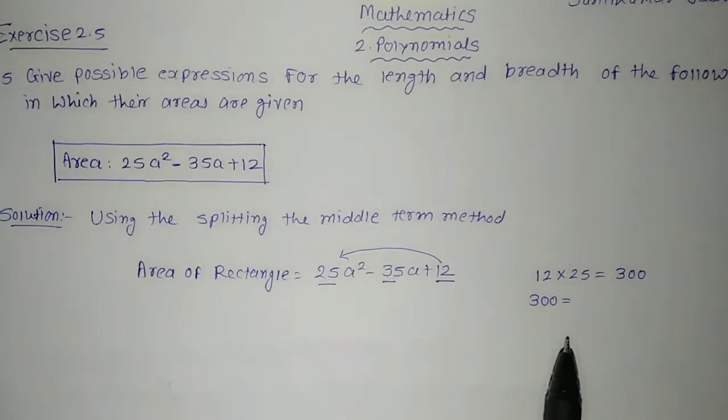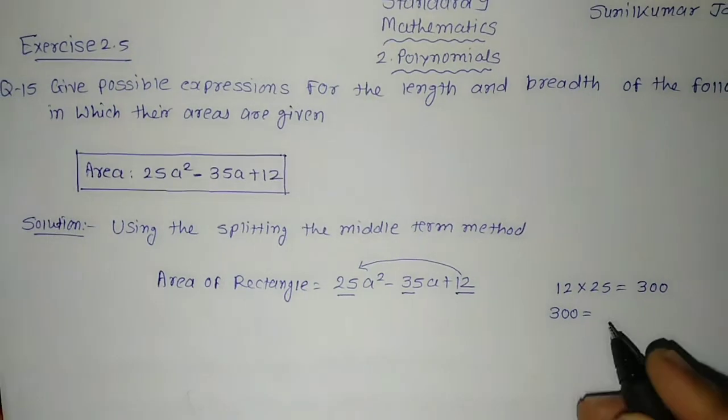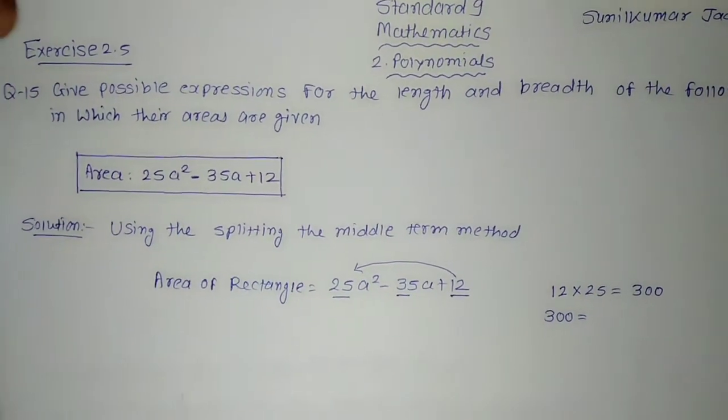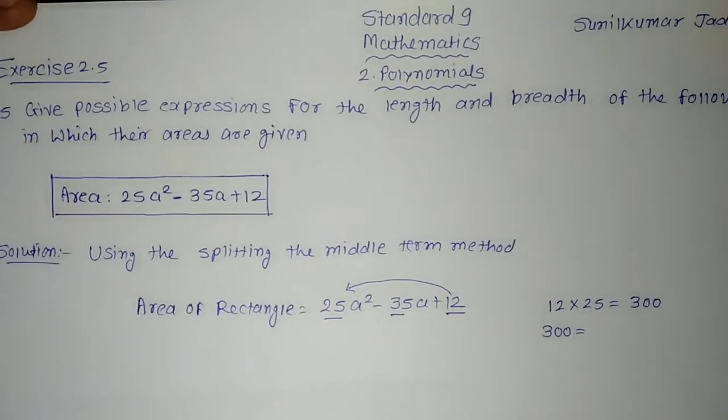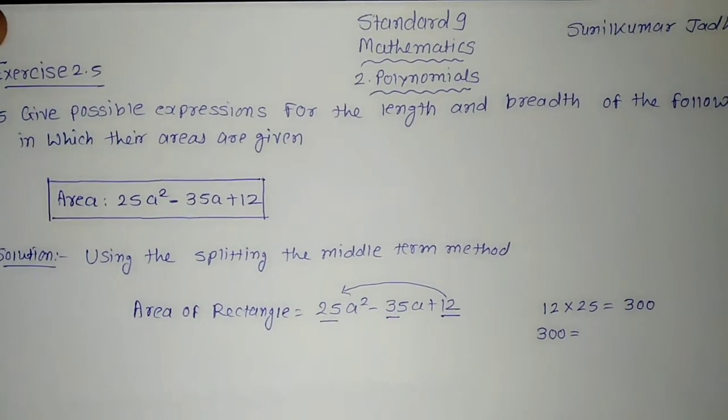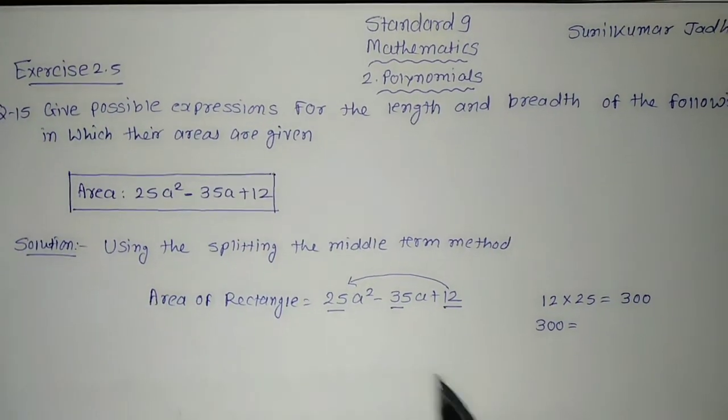We know the factors of 300. I'll write them here, and we'll try to join them to get factors whose summation would be minus 35.